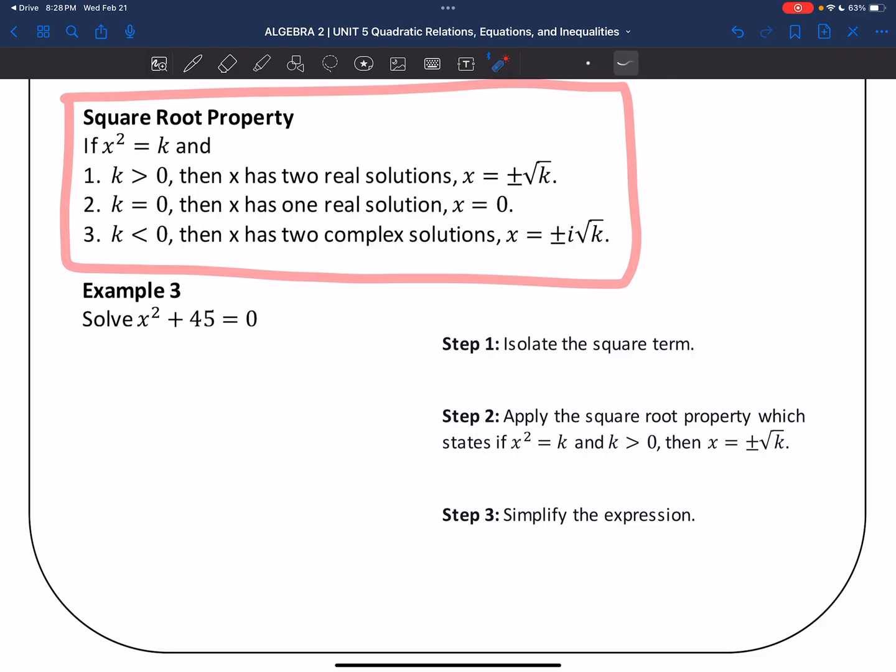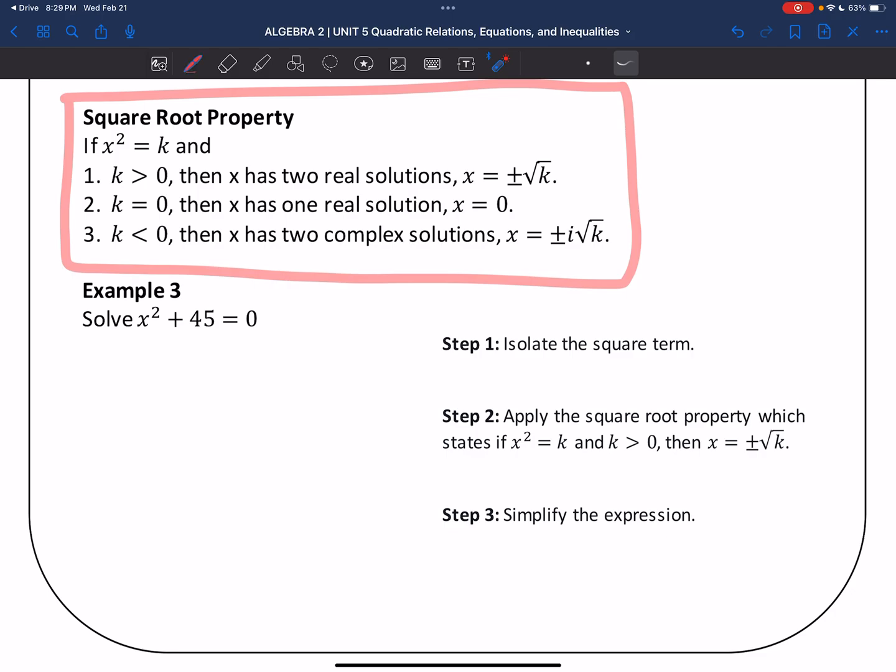If k is greater than 0, then we'll have two real solutions, positive and negative square root of k. If k is equal to 0, then we'll have one real solution, 0. If k is less than 0, then we'll have two complex solutions, positive negative i square root of k.